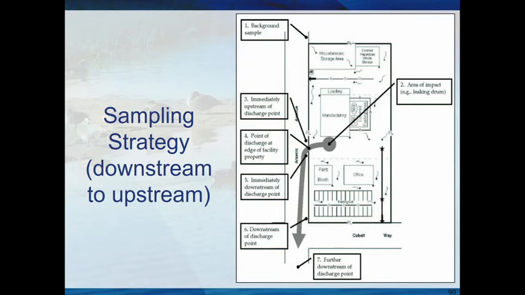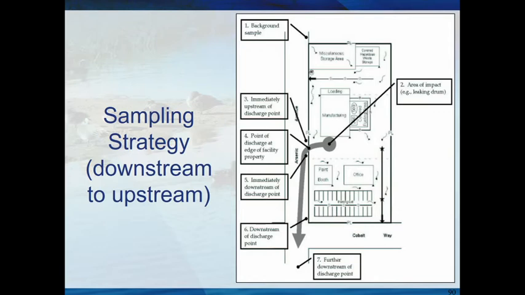So in this case, the gray dot is where the discharge or spill occurred, and it has now gone off-site and traveled down the public right-of-way, which would be your street, Arsenic Avenue in this case. If you have determined that samples are required or would be helpful, then start at your furthest downstream point and work your way back, because you're going to go from least contaminated to most contaminated.